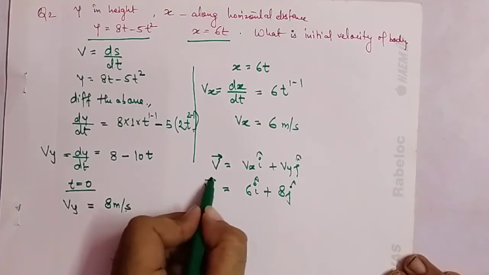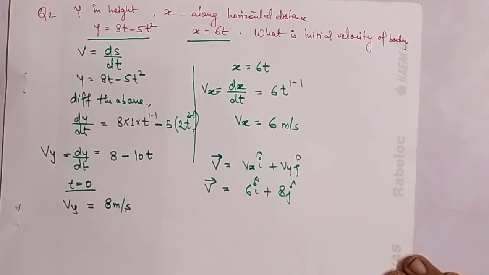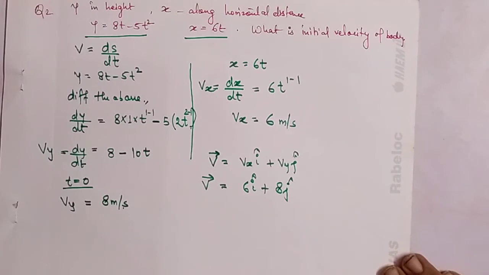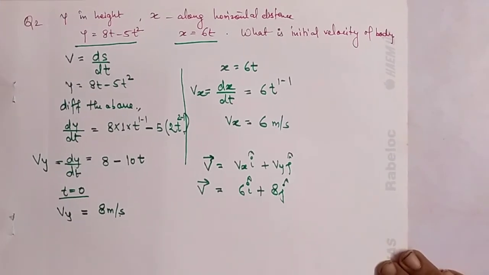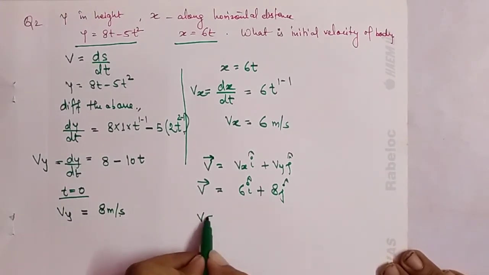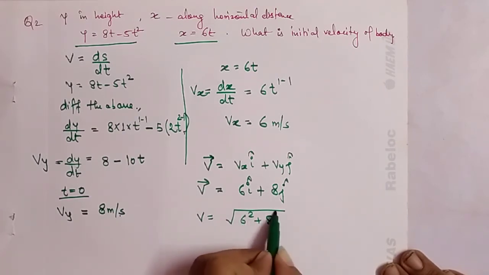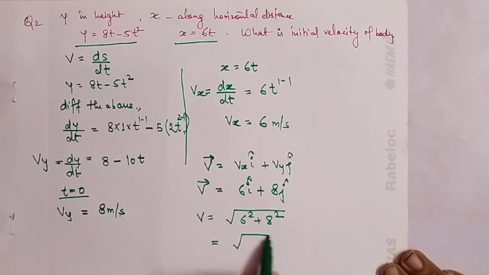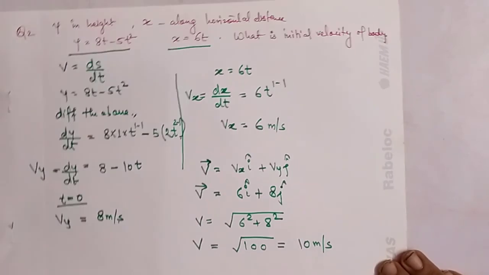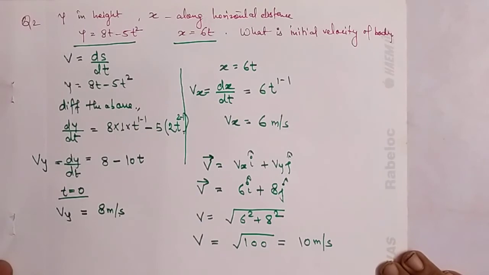Alright, so this is in the vector form, that is the initial velocity of the body, and if you want to write it in the magnitude form, or you can say the resultant form, so that will be V equal to under root 6 square plus 8 square, that you will get 100, and the root of 100, that means 10 meter per second, is the resultant velocity of your body at the initial time.